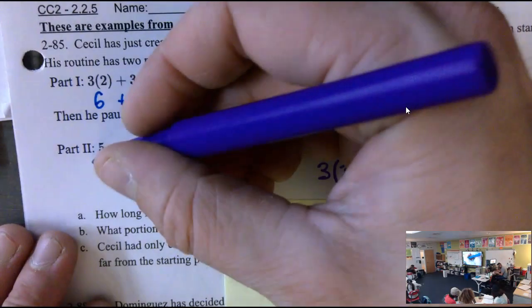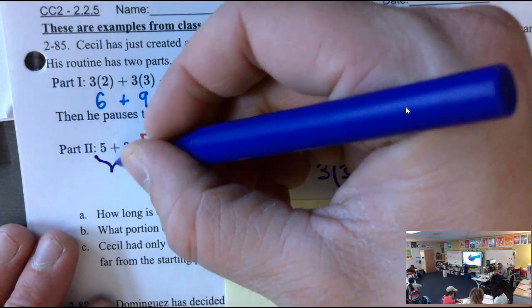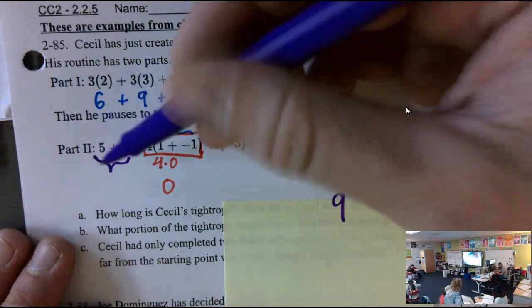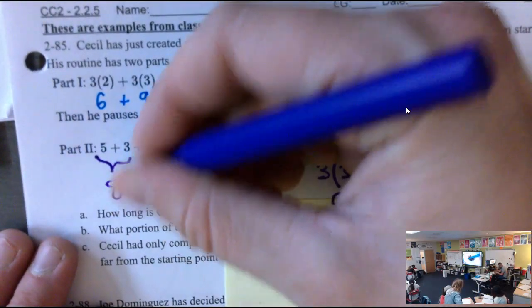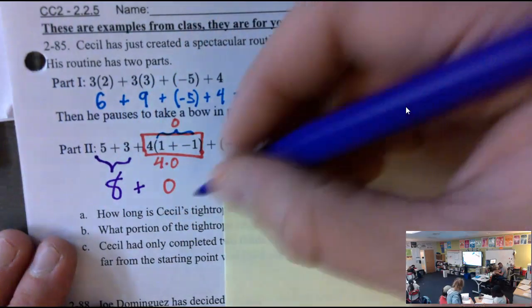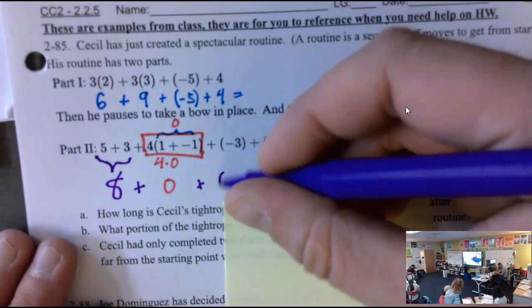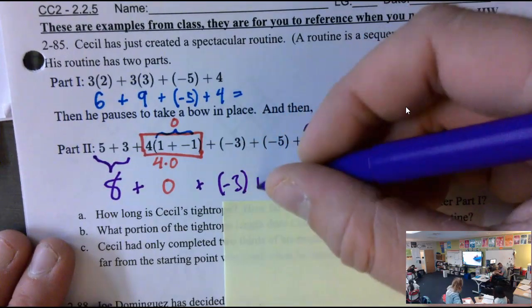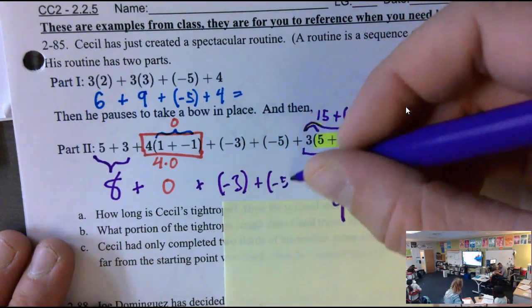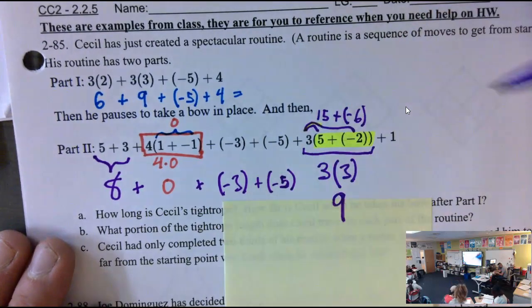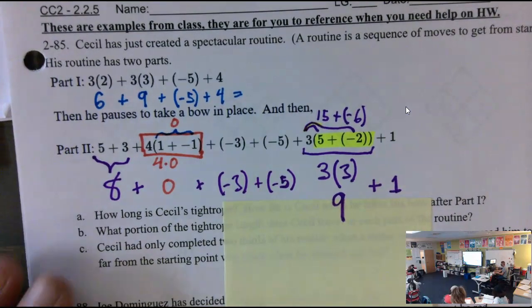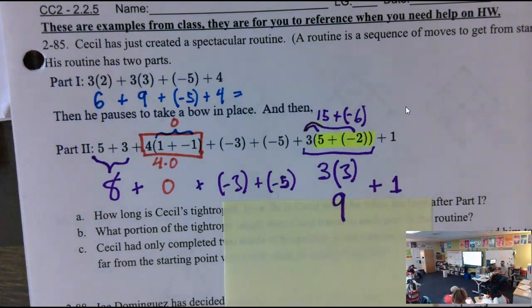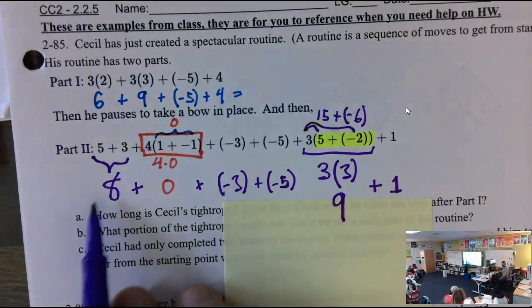So up here in the front, what's 5 plus 3? 8. Who can tell me the easier option right now? What to do?